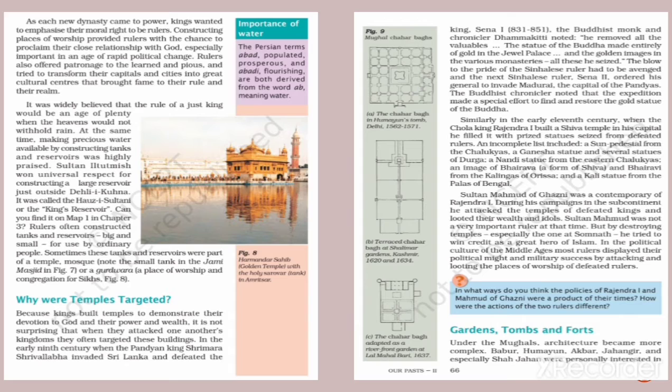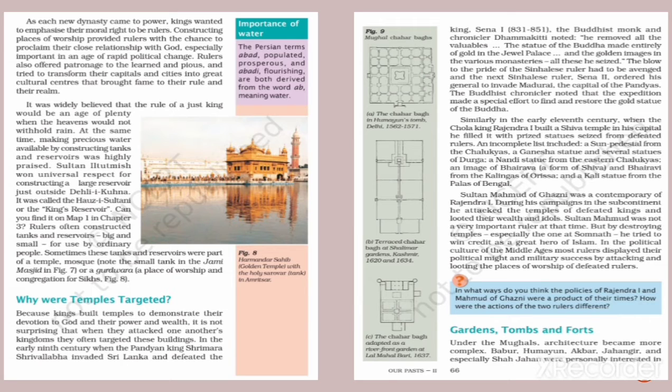Why were temples destroyed? Temples, being symbols of power and wealth, were the main targets of invaders. Invaders means attackers. Mahmud of Ghazni attacked the temples of defeated kings and looted their wealth and idols.